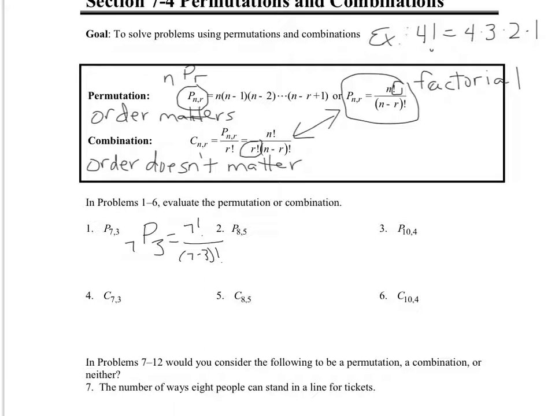If you're working with the TI calculator, the TI 83 or 84 calculator, if you go into the math function and you go to PRB, which would be the last column across the top after you've hit math, you will see that factorial button there.